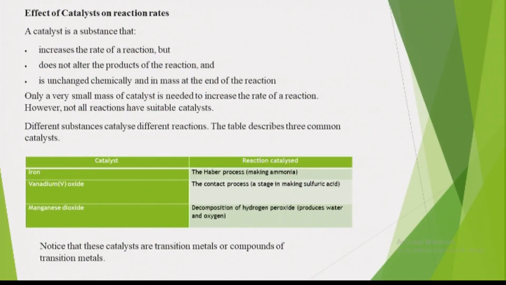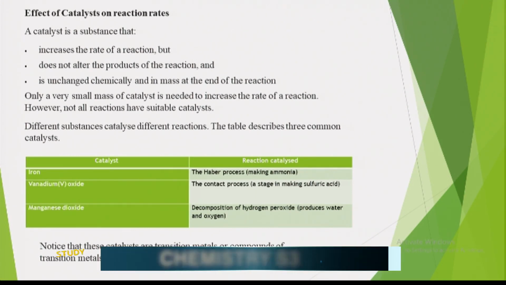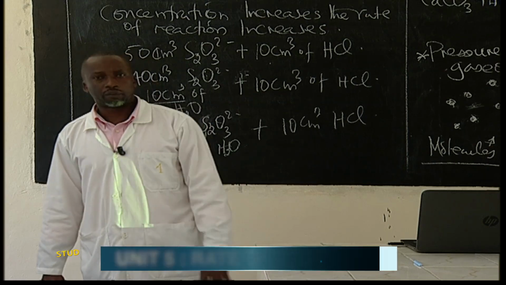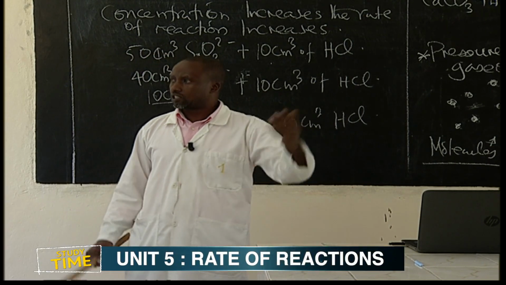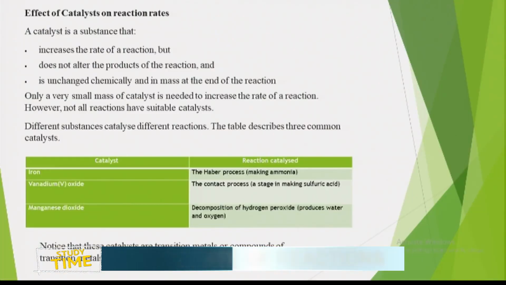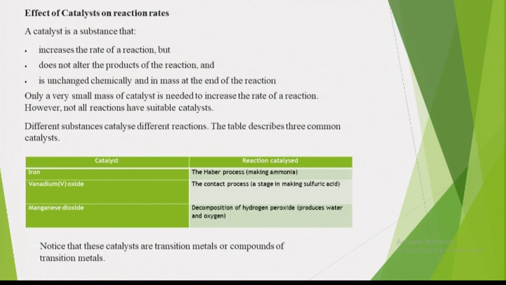So let's look at the effect of the catalyst. We have seen catalysts. Many catalysts are used in reactions. And by now, as senior 3, I think you should know what a catalyst is and what it does. Catalysts usually speed up the rate of the reaction, but do not alter the products of the reaction.